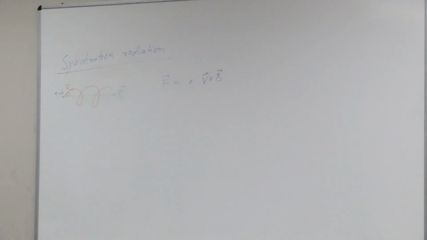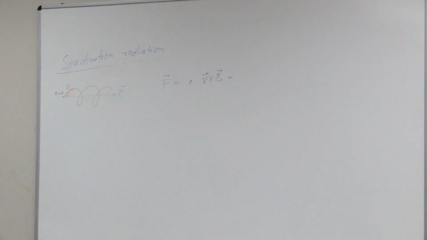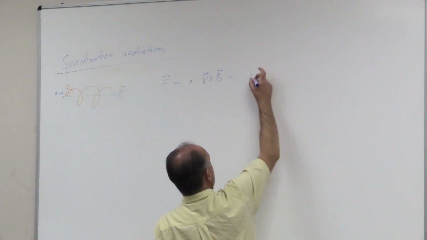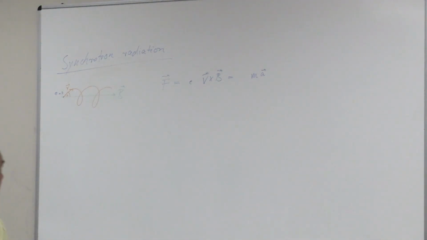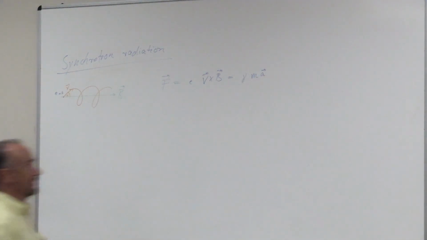Something that we'll only derive, I think, in two to three weeks or so: you would naively assume that this is simply m times the acceleration, but we'll see that relativistic effects actually lead to an extra factor, a Lorentz factor gamma, as the relativistic force term.